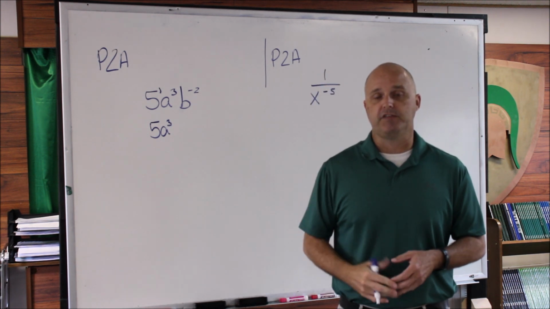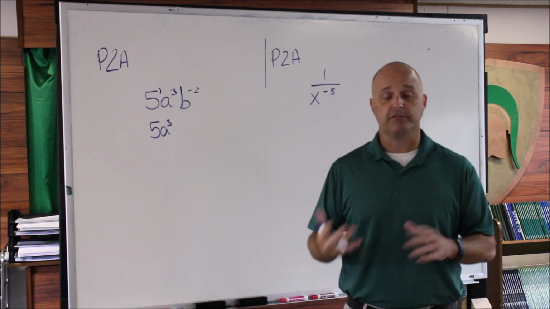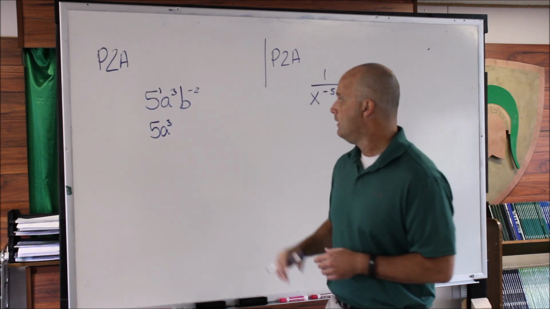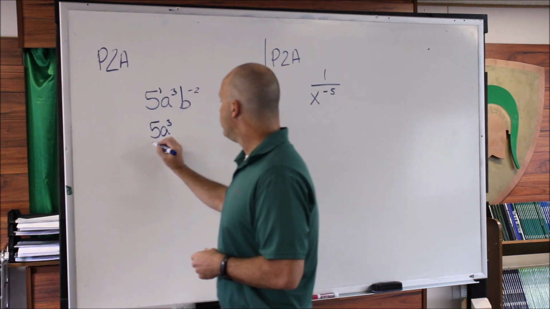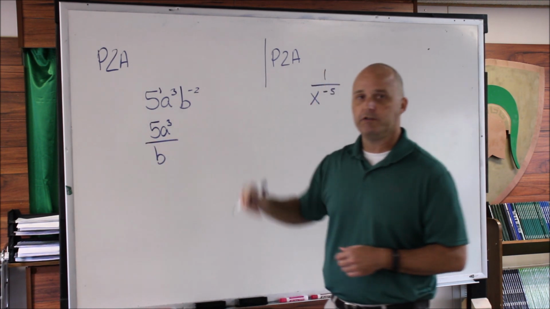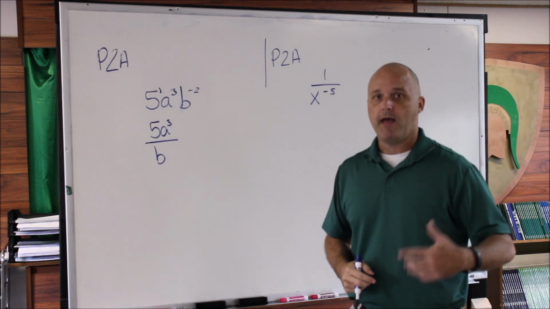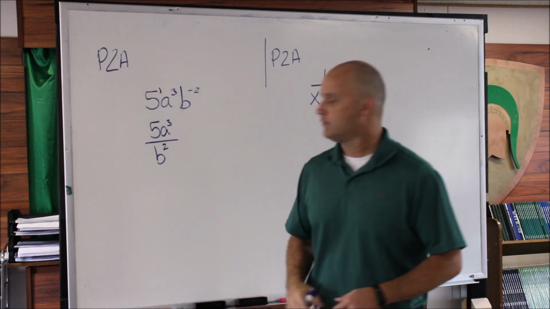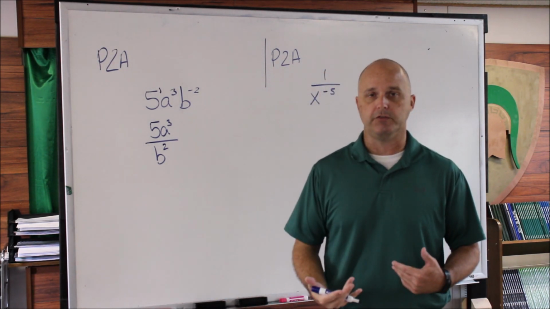Now b to the negative second, that negative exponent is telling us to take the b and flip it down into the denominator. Once it's flipped into the denominator, that negative has done its job, so it becomes a positive 2. So the solution is 5a cubed over b squared.